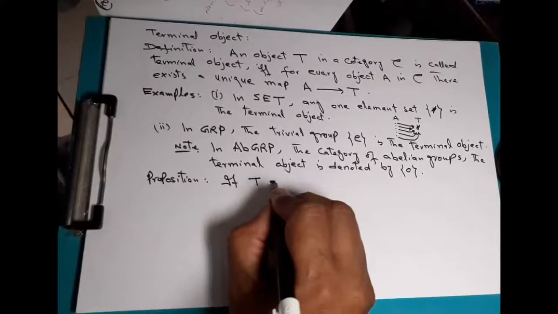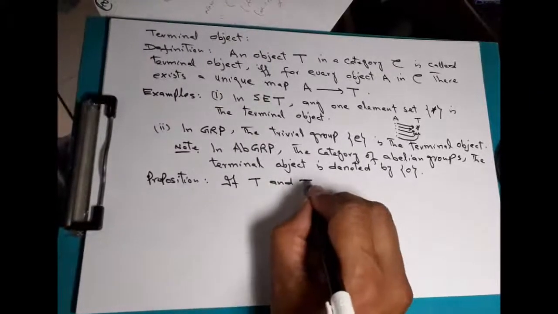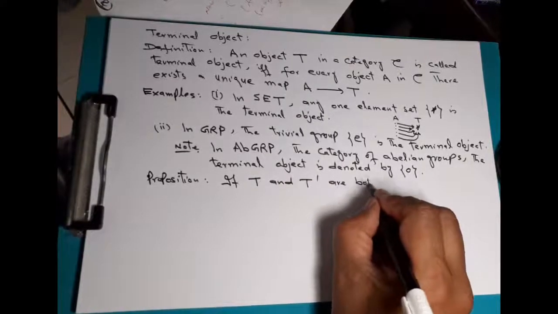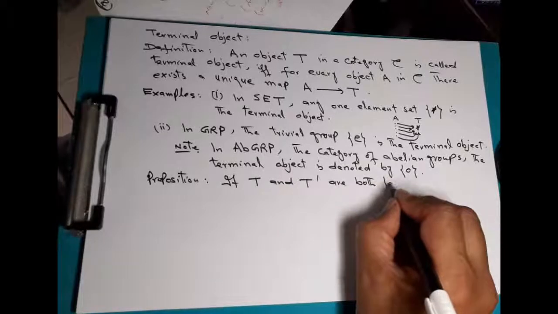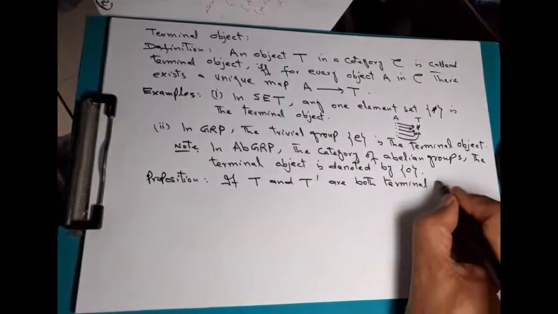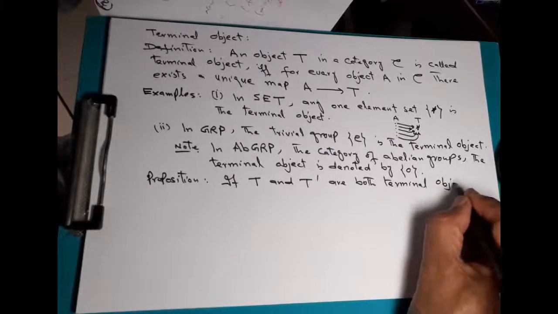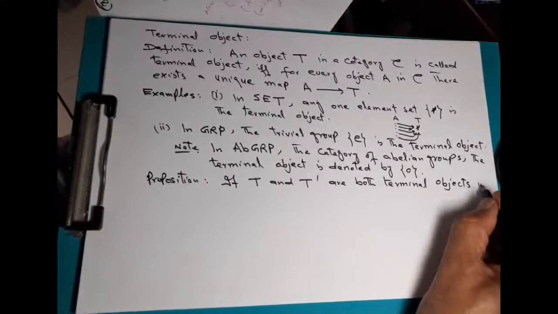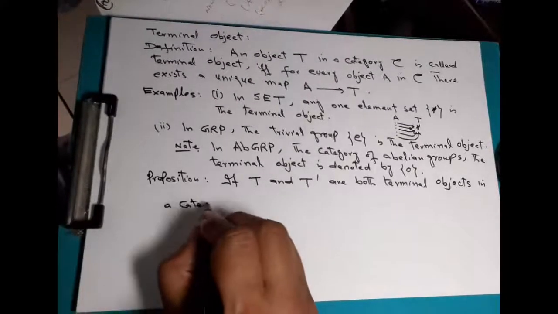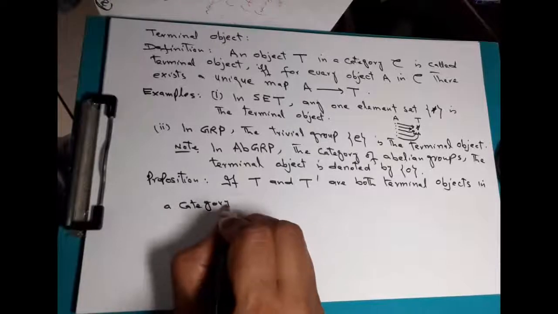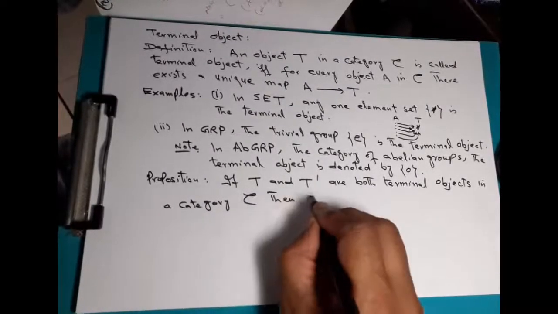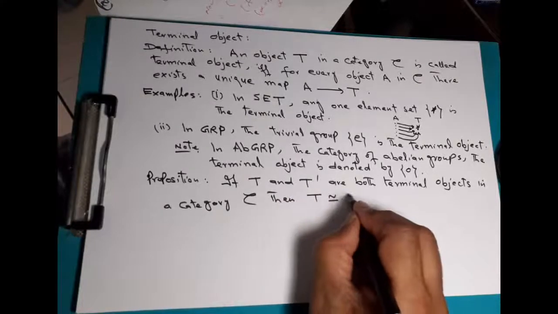So if T and T dash are both terminal objects in the category C, then T is isomorphic with T dash.